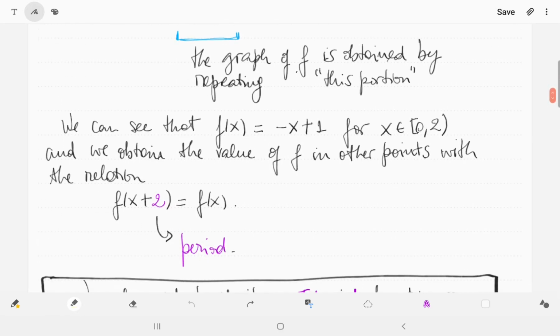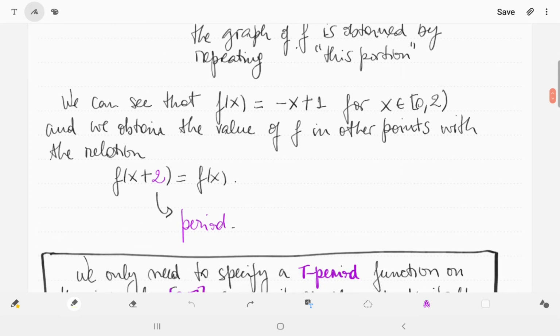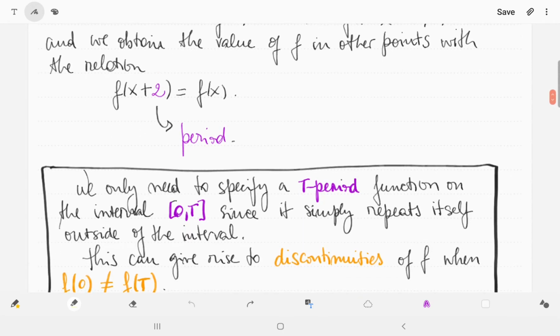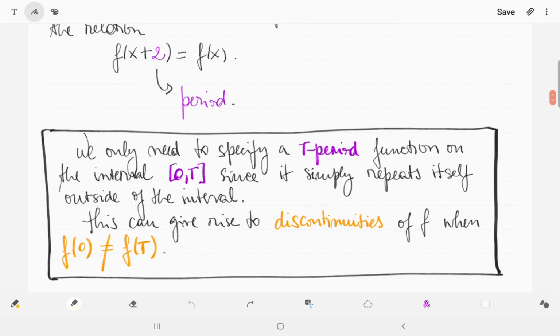Now we have these 4 examples about periodic functions, and this conclusion that we only need to specify a t-periodic function on the interval 0 to t, since then it simply repeats itself outside the interval. And as you see in this last example, this can give rise to discontinuities of the function f when f at 0 is not equal to f at t.